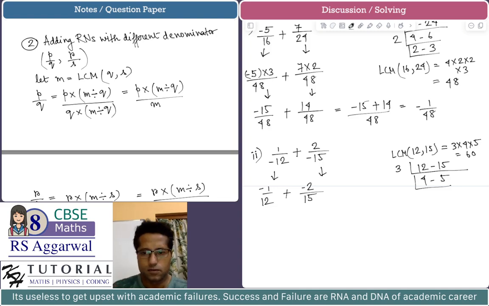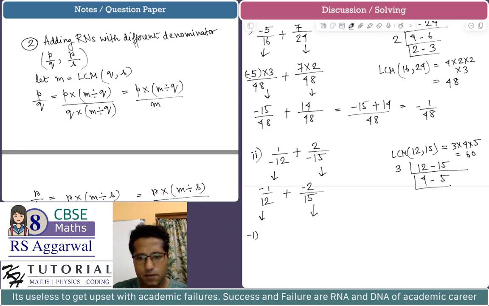Okay. So now we have to convert these two rational numbers to their equivalent form, so that both the equivalent forms have the denominator 60. 60 is the LCM of 12 and 15. Now to convert minus 1 by 12 to have the denominator 60, we have to multiply both the numerator and the denominator with 5, because 12 into 5 is 60.